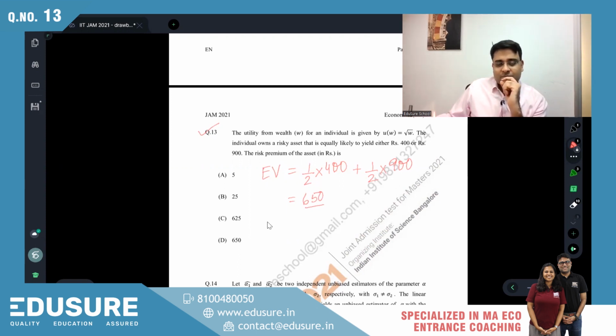And my expected utility is basically half root over wealth, right? So half root over 400 plus half root over 900. So this is basically 20 by 2 plus 30 by 2, which is 50 by 2, which is 25. Expected utility is 25.